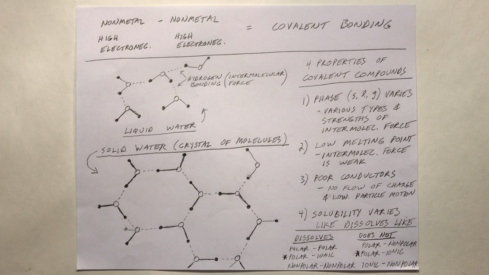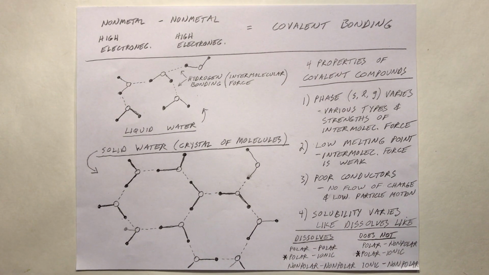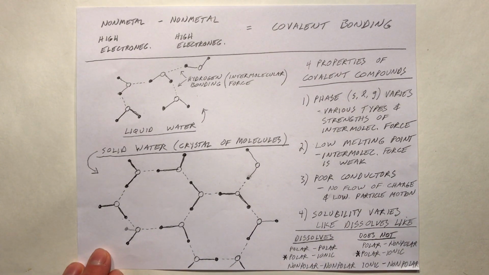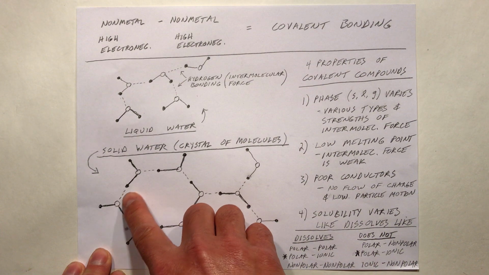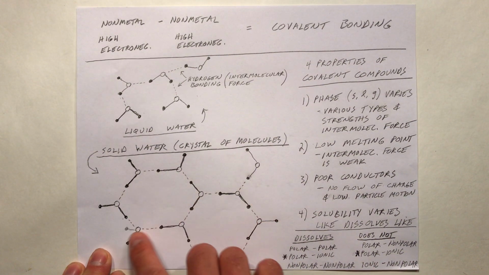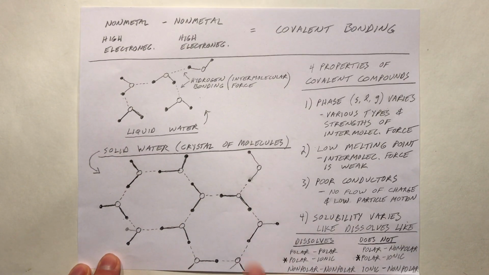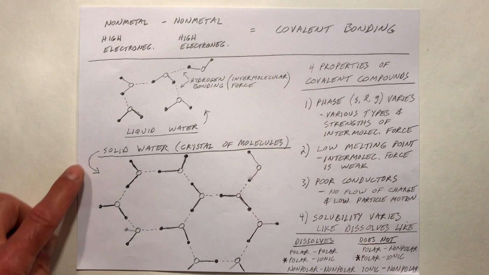So what happens if we cool the water down? Remember that if we decrease the temperature of a substance, that's decreasing the kinetic energy of the particles, or the movement of the particles. And at some point we would get to a temperature where the particles would begin to be locked in place by this intermolecular force. A crystal would form, a crystal of molecules, and we would have a solid.